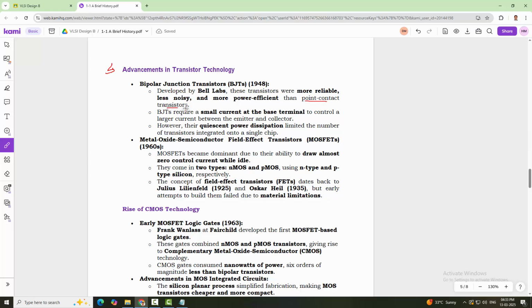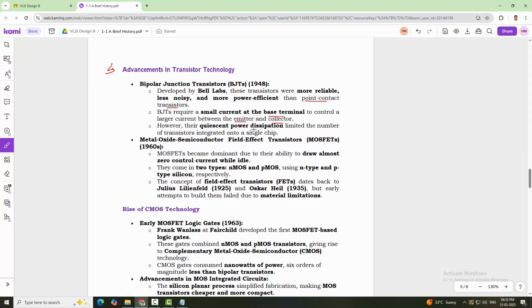That is the improvement over the existing point contact transistors. BJTs require a small current at the base terminal, because the base terminal acts like a control terminal for the electrons to move from emitter to collector. To control a large current between the emitter and the collector, the base current acts as the control.